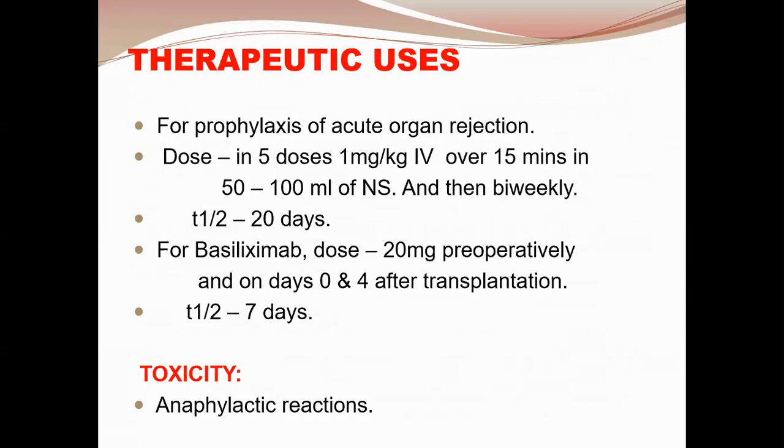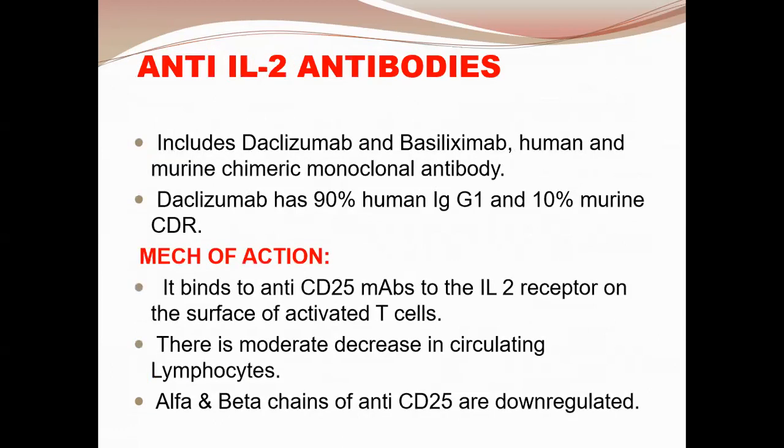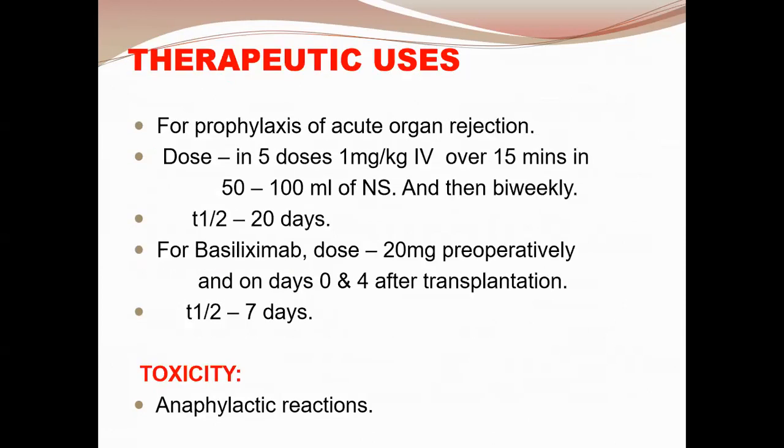The plasma half-life is 20 days. For basiliximab, the dose is 20 milligrams pre-operatively and on days 0 and 4 after transplant. The plasma half-life is 7 days. The toxicity of basiliximab and daclizumab is anaphylactic reactions.